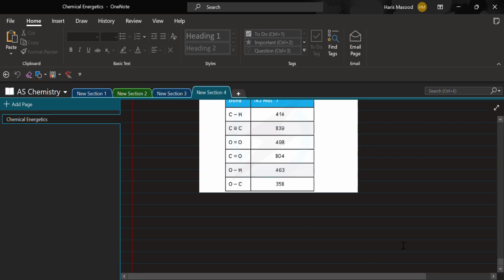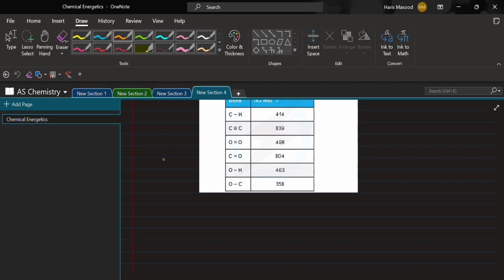Okay, so this is method 3, that is calorimeter.